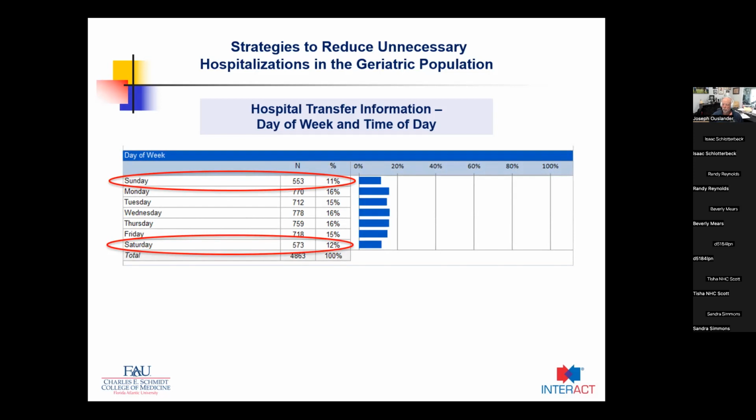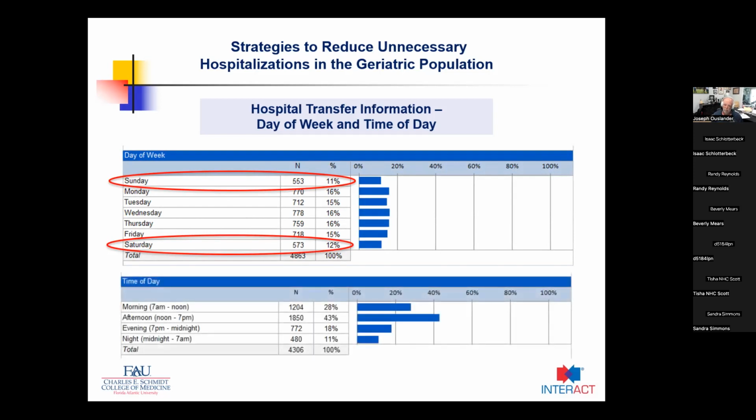So not all the transfers did occur on the weekend. And in terms of time of day, staff will say they all occur in the evening and night. That wasn't true. Only about a third occurred in the evening and night. So the point of me showing you this is that impressions of what's going on are not as good as looking at the data.